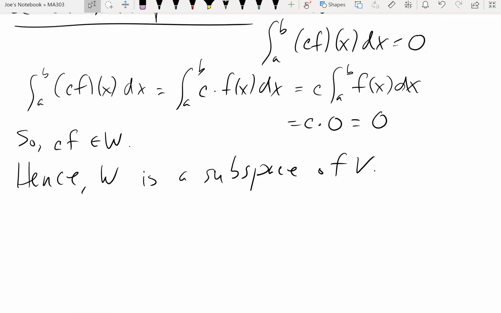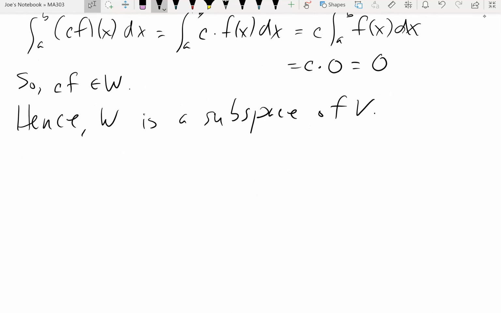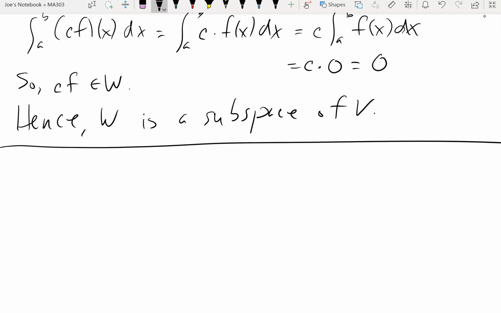All right, so let's talk about some specific notation that we might see for particular vector spaces, and then do a couple more examples here with subspaces. So we already saw continuous functions on the interval from a to b. We did C of a, b, and I talked a little bit about what if you want differentiable.